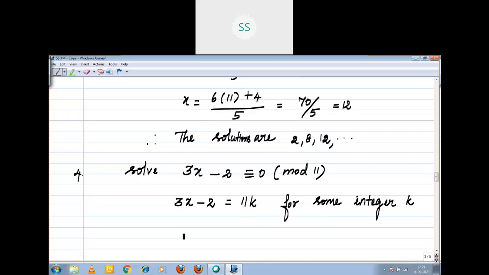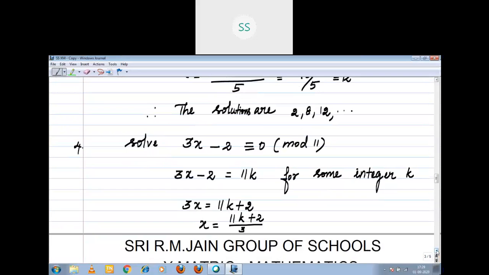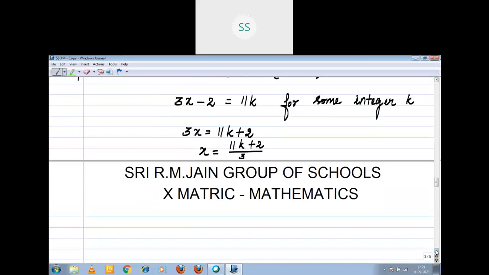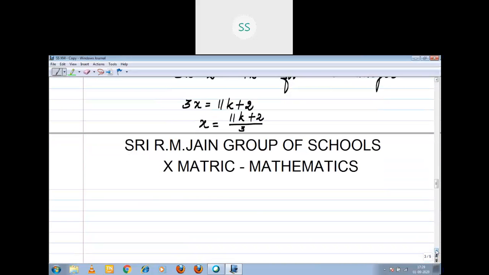For some integer k, any variable you can assign, either n or k or t or s, whatever you like. Now 3x equal to 11k plus 2. x is equal to (11k plus 2) divided by 3. Got it, children? Now, already I told you, either you can write it is a multiple or divisible, right? Now, when we put k equal to 2, you should add 3 to the previous.